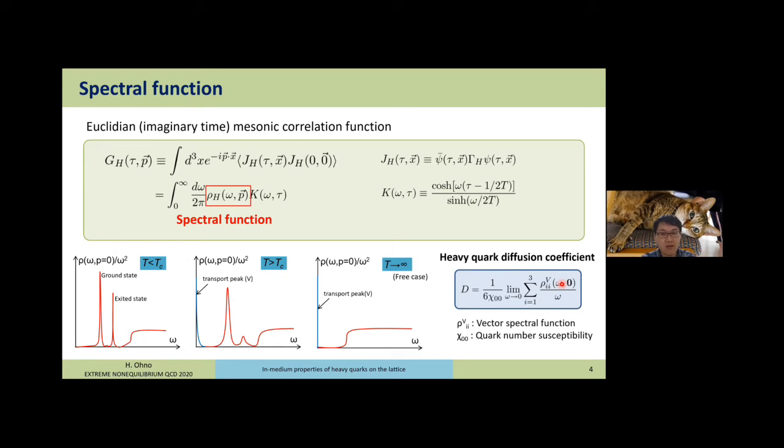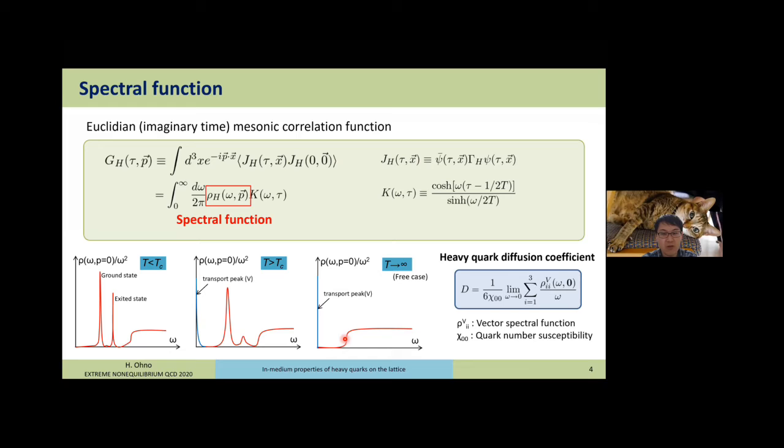And if you go to even higher temperature, then maybe the spectral function ends up like the free case, and there are no longer any bound state peaks.